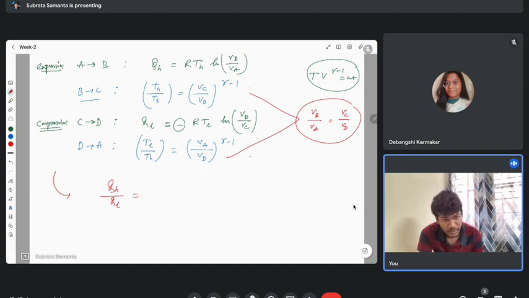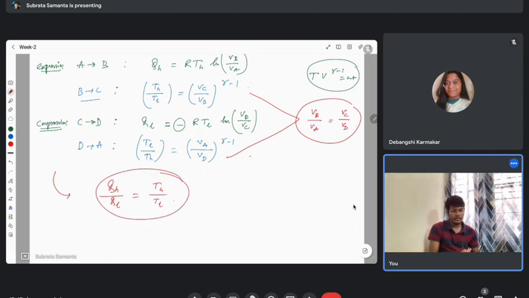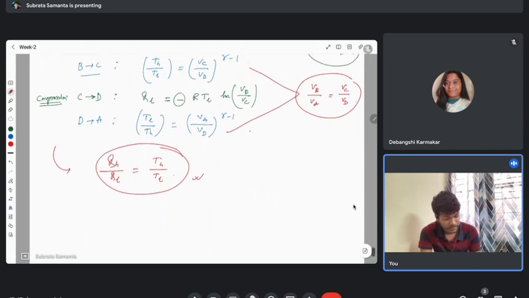Because they are equal, the ln terms are also equal. So we get T_H by T_L, because the minus sign is compensated by writing ln(V_C/V_D) without the minus sign. Then we can compare and we end up with these relations.